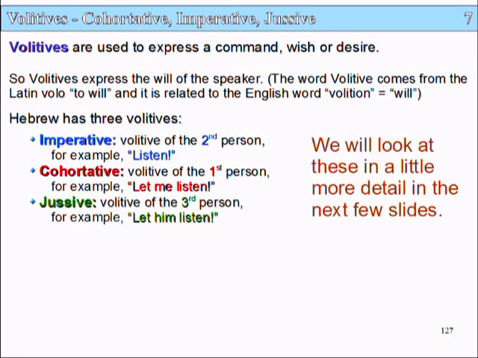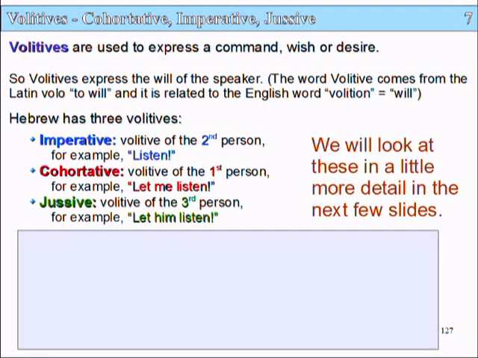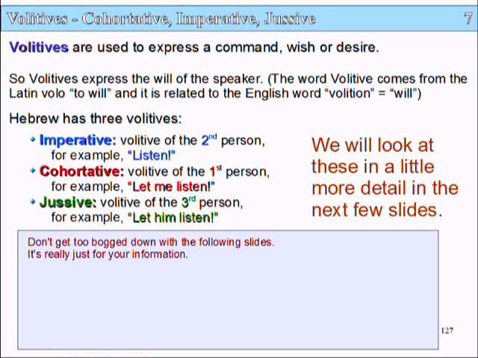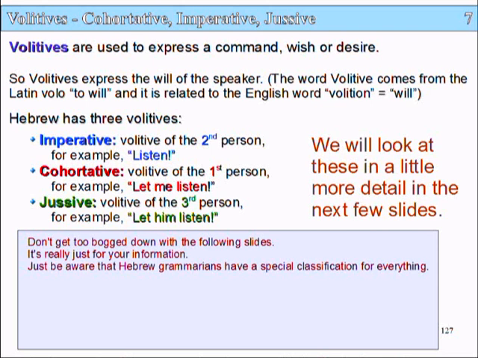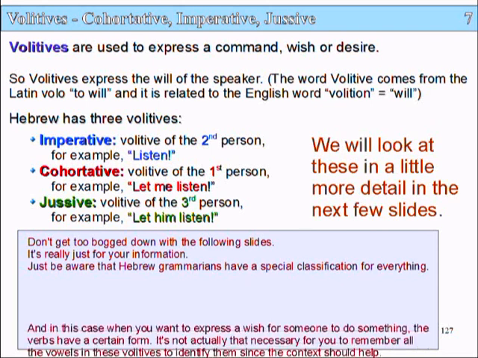We will look at these in a little more detail in the next few slides. Don't get too bogged down with the following slides. It's really just for your information. Just be aware that Hebrew grammarians have a special classification for everything.